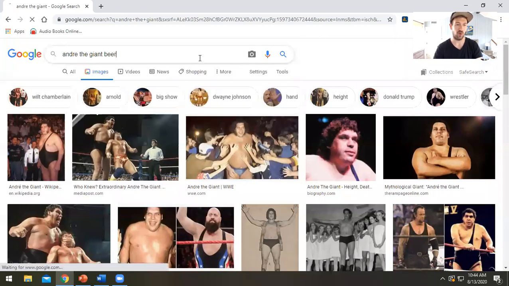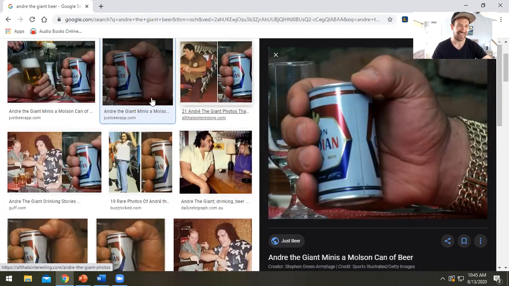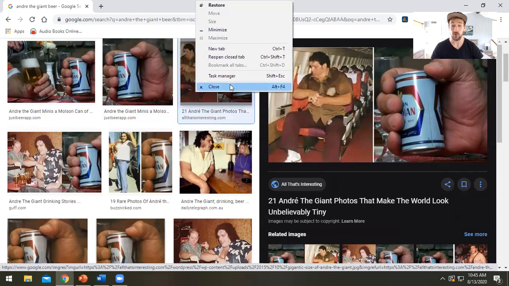Check this out. Here's him holding a beer can. That is insane. That is a huge human being, and that is just because he had an overactive pituitary gland.